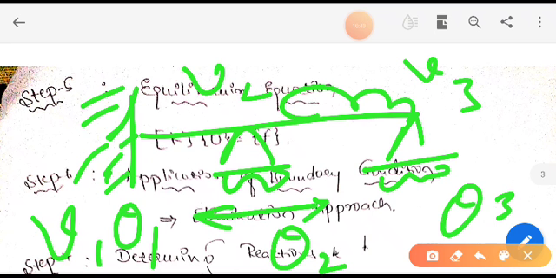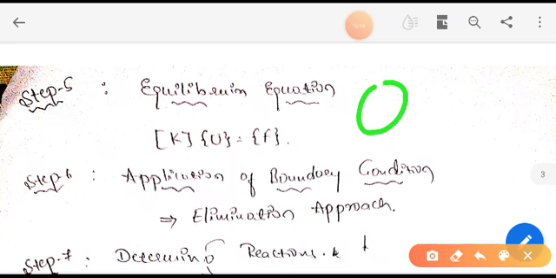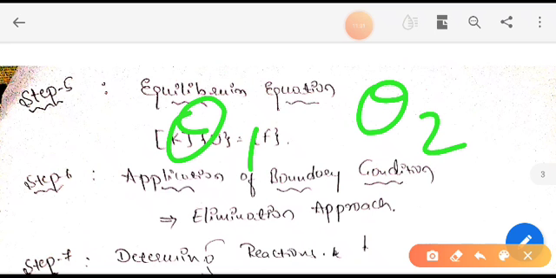So we need to eliminate the corresponding rows and columns of the nodes wherever these are fixed. Once we apply the boundary condition, we'll get the equations. If you solve those equations, we'll get the slopes theta 1, theta 2, the angular displacements in radians.